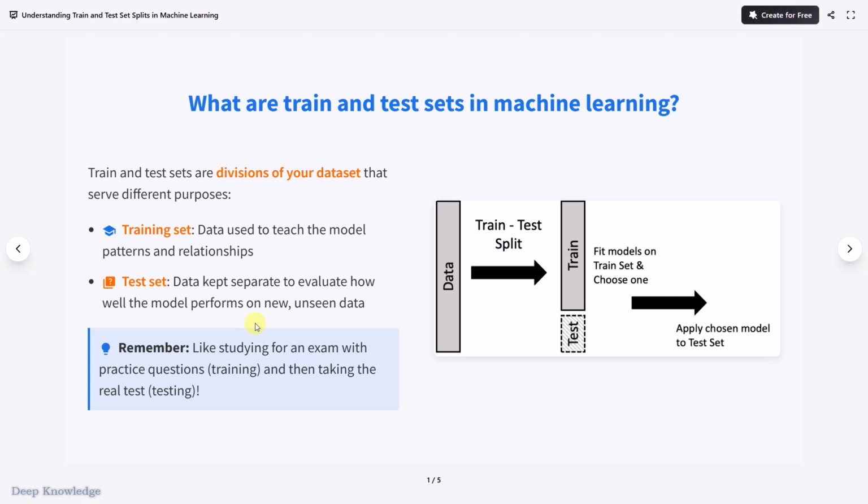This is considered the training. And when you take the exam, the real test, this is the testing. The teacher will test your studying, or the training, right? So we split the data into train and test.